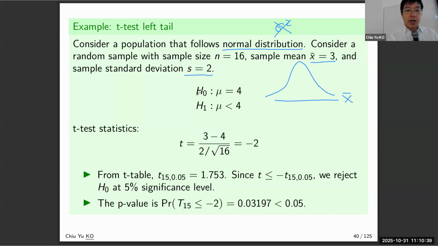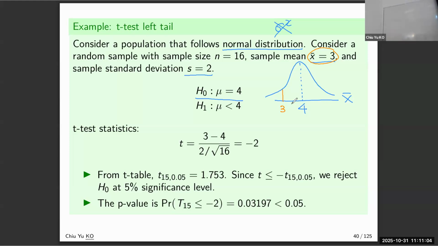And under the null, I believe that we are here. So the question would be, the data is 3. We're here, which is in favor of x1 because it's less than 4.